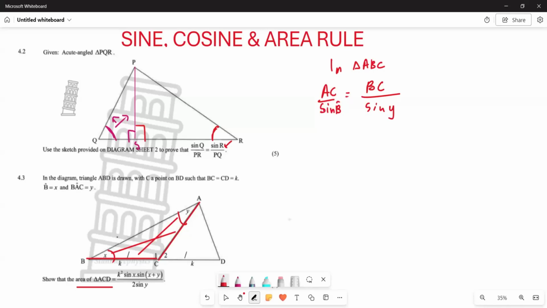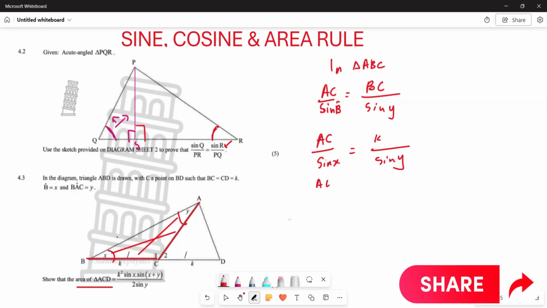right? Since this is my sine of Y, what is the best thing that I can do from here? Let's say, for example, I want to make AC the subject of the formula. What can I do? I can say my AC over sine X is equal to BC, which is the same as K over sine of Y, right?